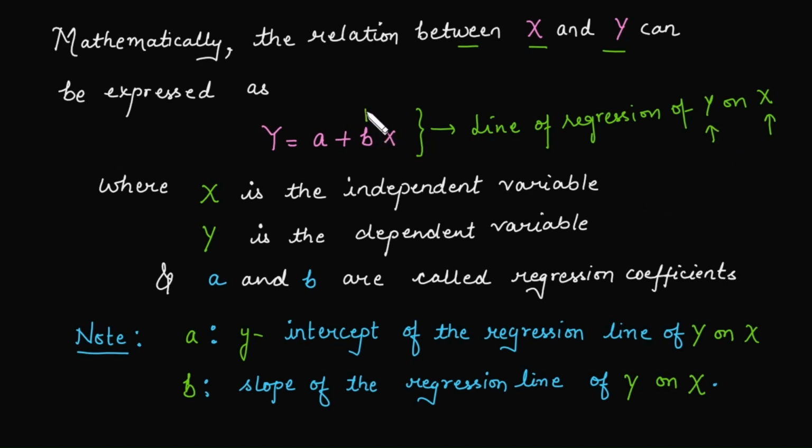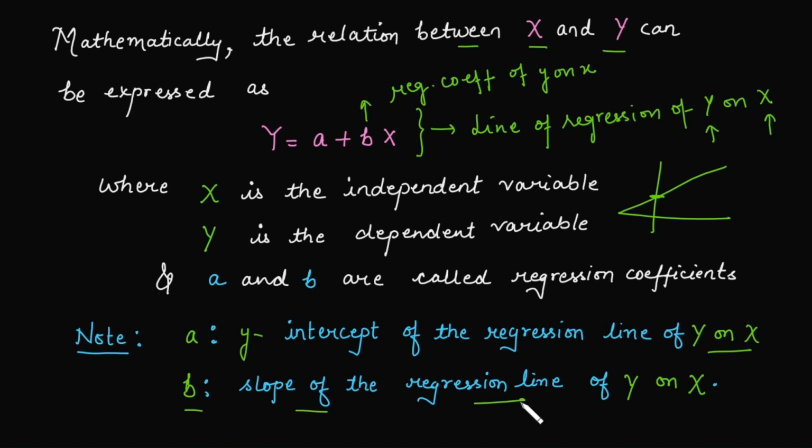And in this case, b is called the regression coefficient of y on x. Since it is a straight line, we will get a line like this. In this case, a is called the y-intercept of the regression line y on x and b is basically the slope of the regression line.